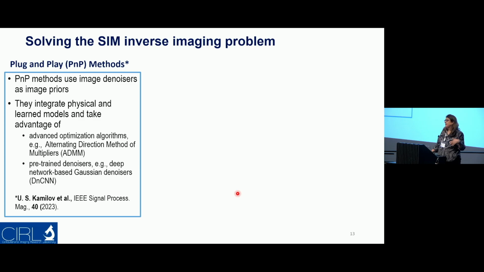They have the capability of integrating then physical and learned models of all the imaging models that we spend years developing for the image formation, and then we can benefit from using pre-trained denoisers like deep network-based Gaussian denoisers that are just trained to do simply the denoising, but you can integrate them with advanced optimization algorithms like the ADMM algorithm to replace the proximal operator and improve your convergence of the algorithm and get results faster.